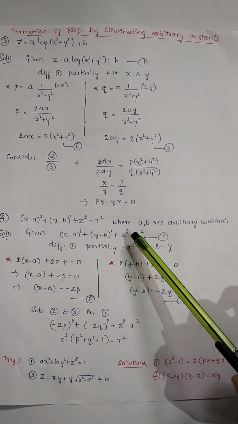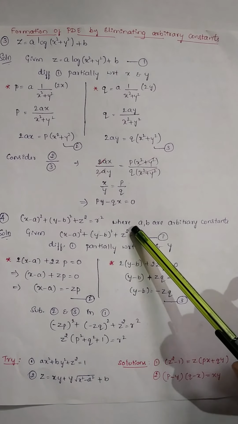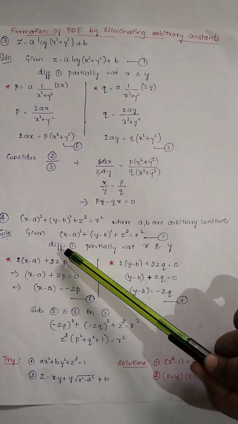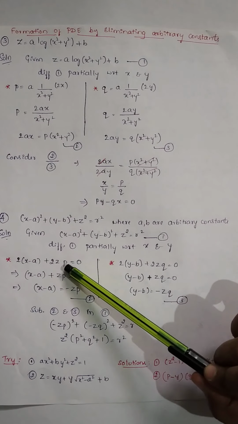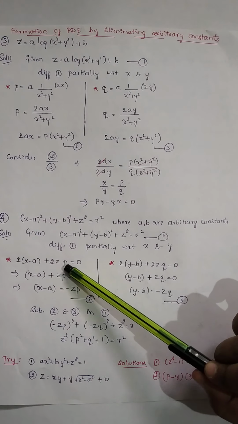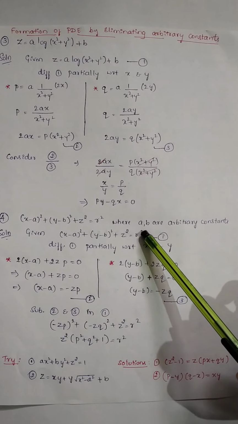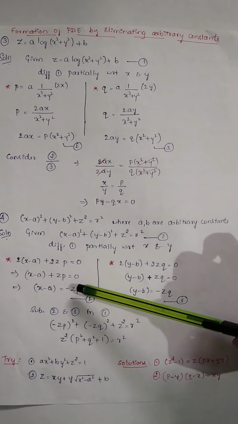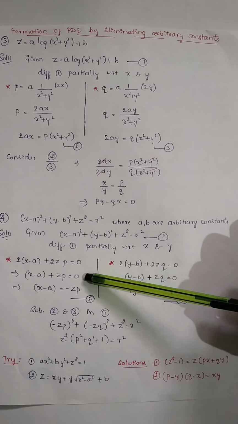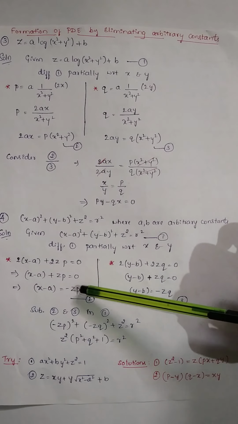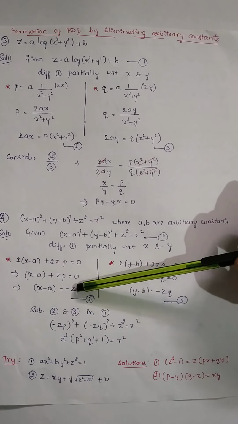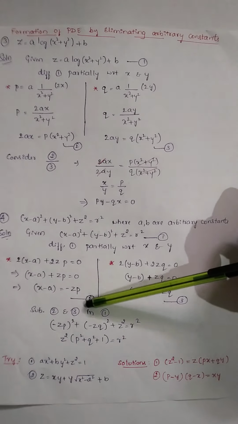In the third term z is a function of x and y, so you need to differentiate with respect to x, so it will be 2z into del z by del x, and del z by del x is written as p, is equal to r square, whose differentiation is 0. On simplification you will get x minus a plus zp is equal to 0, and we got one substitution for the term which contains an arbitrary constant: x minus a is equal to minus zp. You call this equation number 2.